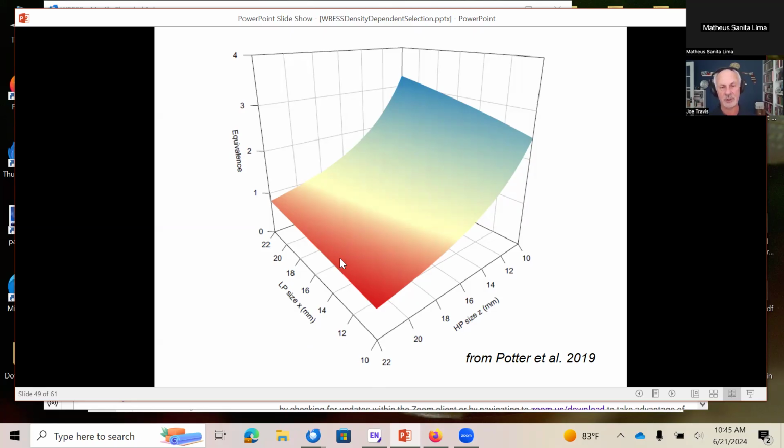And this equivalence shows you how many high predation guppies it takes to have the same competitive impact as a single low predation guppy. Now, it's based on body size because competition is size dependent. So this is how many high predation guppies of a particular size does it take to equal the competitive effect of a low predation guppy of a particular size.